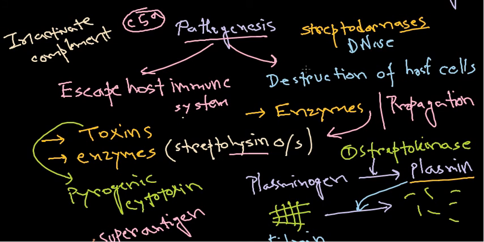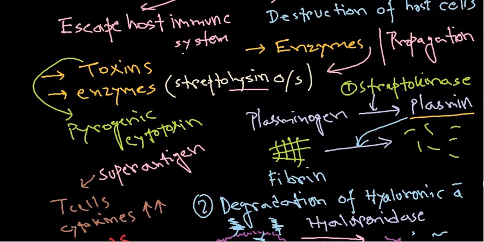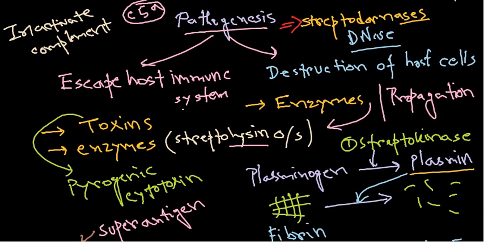In those cases, it degrades those cells using the streptodornase enzyme, a kind of DNase which destroys cells by cleaving their DNA apart. So this is another very important and unique mode of pathogenicity shown by Streptococcus. These are the major types of pathogenicity of Streptococcus, and I hope that's helpful.